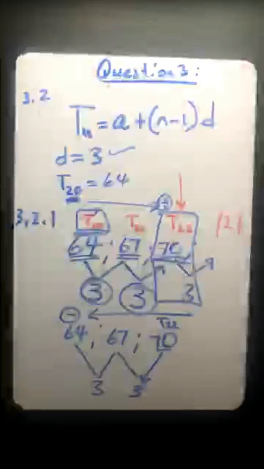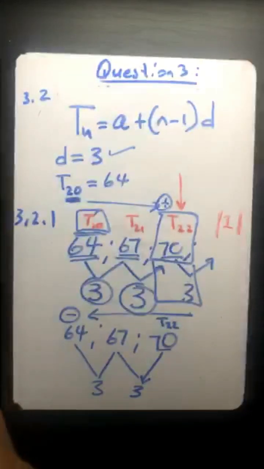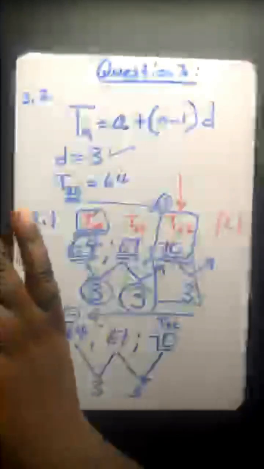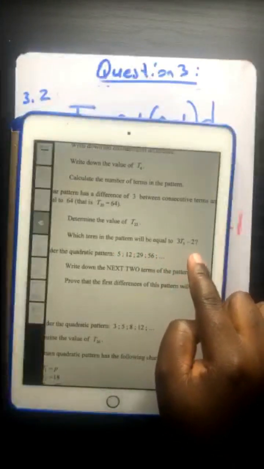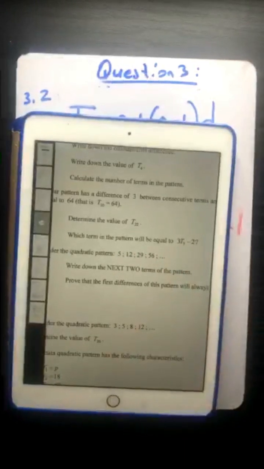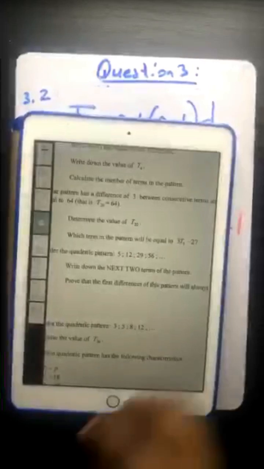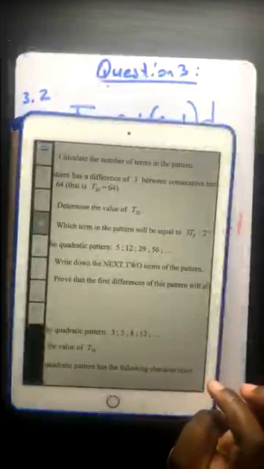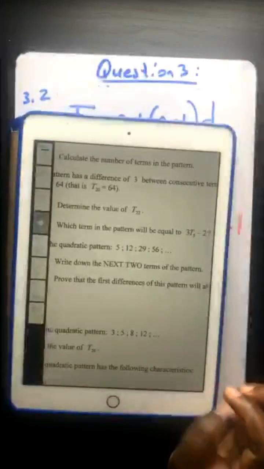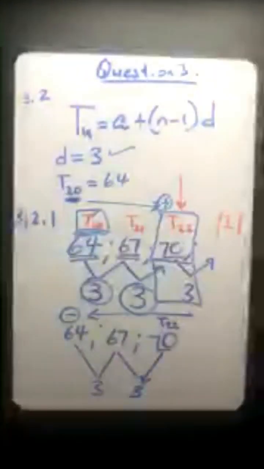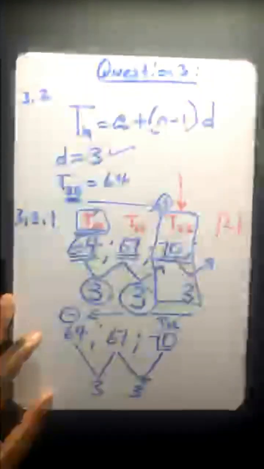So here we've got a question that is allocated 4 marks, and it says, which term in the pattern will be equal to 3 t5 minus 2? Guys, is there anyone who'd like to give it a try?